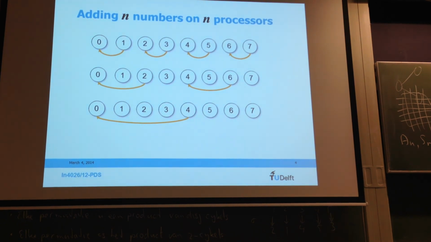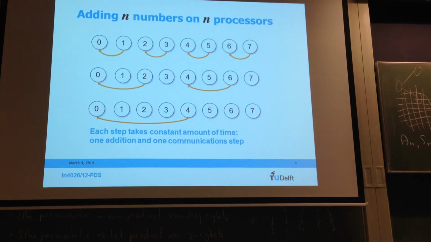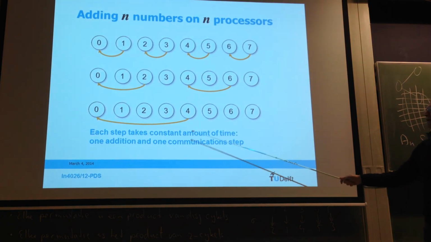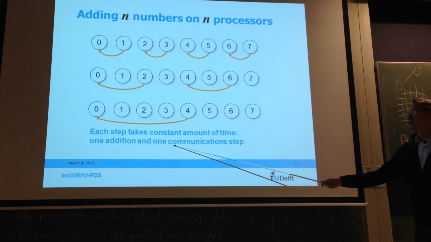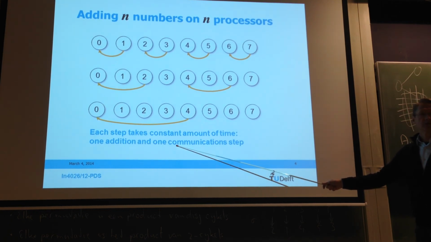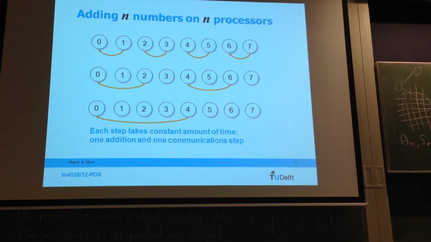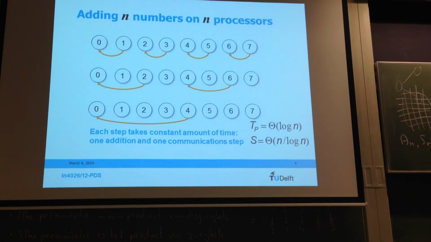Now, what can we see about the runtime of this program? Then we have to make an assumption that each time step takes a constant amount of time, and that each step consists of one addition and one communication step.